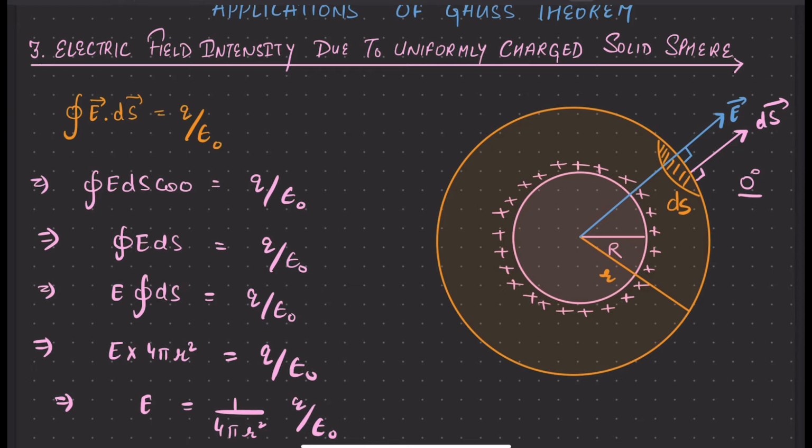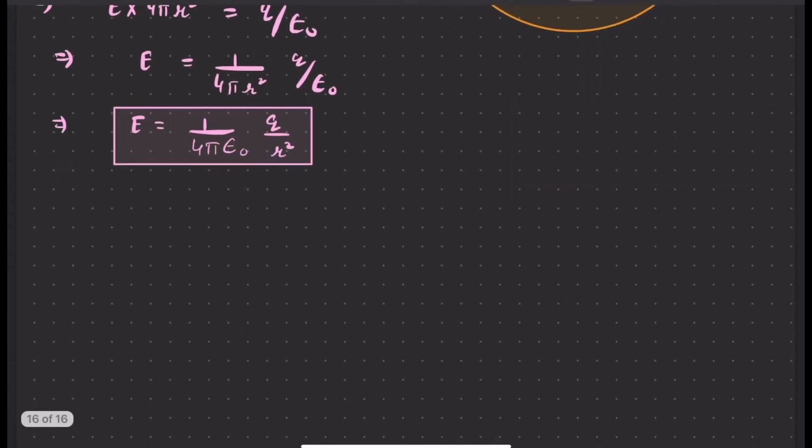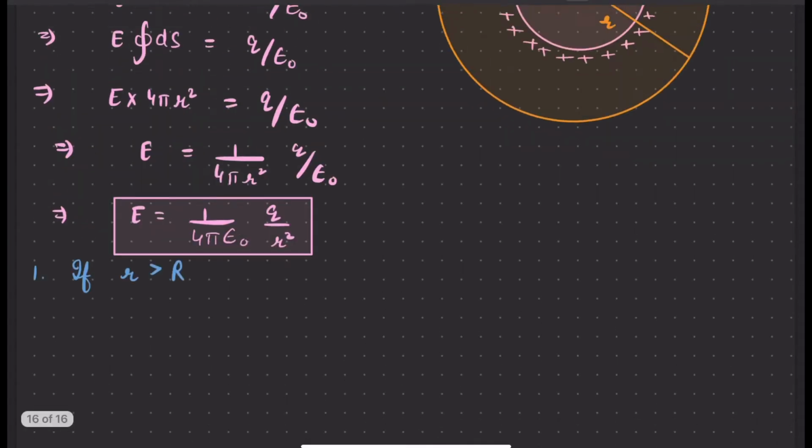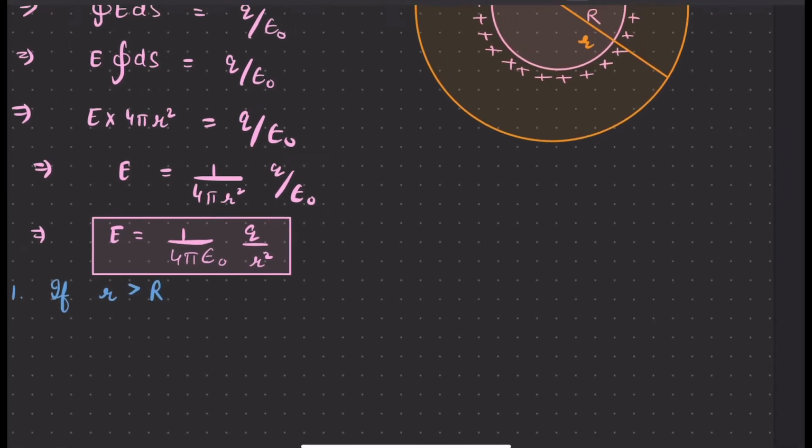We need to discuss some special cases in order to find out the difference. So let us discuss the various cases as we discussed in the previous article. So the first case is if the radius of Gaussian sphere is greater than the radius of the solid sphere, capital R. So nothing is going to happen.